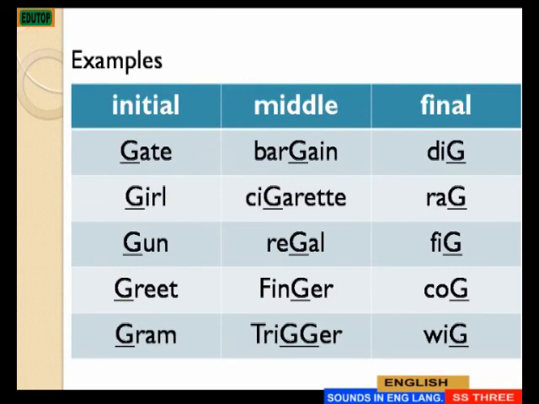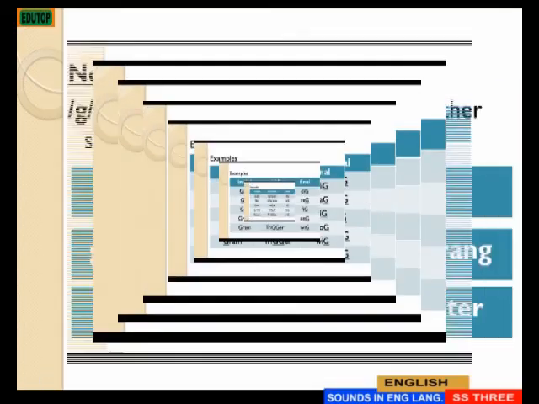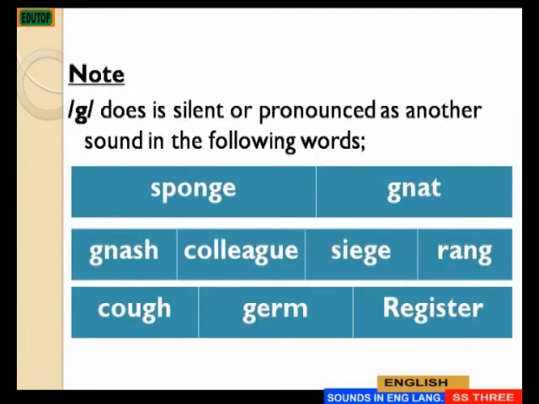At the final position, we can have dig, rag, fig, cog, wig, etc. You should note that g is silent or produced as another sound in some words. We have examples like sponge, gnat, gnash, colleague, siege, rank, cough, JAMB, register.